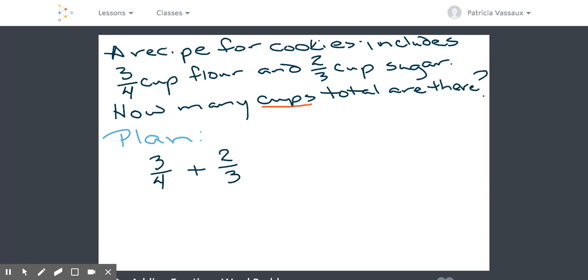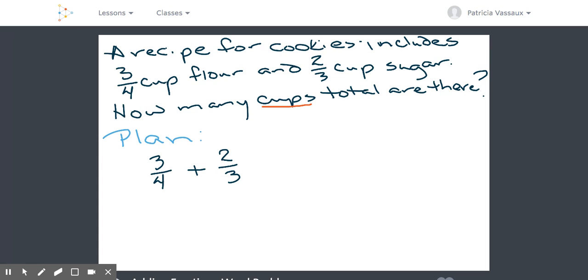We now take a look at our plan. How are we going to solve this problem? Well, first, let's create an expression. We've got 3/4 cup of flour and 2/3 of a cup of sugar. We take a look at that and plan ahead. In order to add these two fractions, can we do it as written? And we discovered, nope.